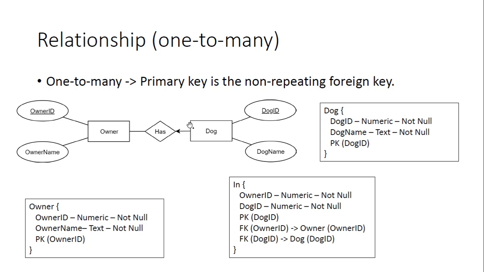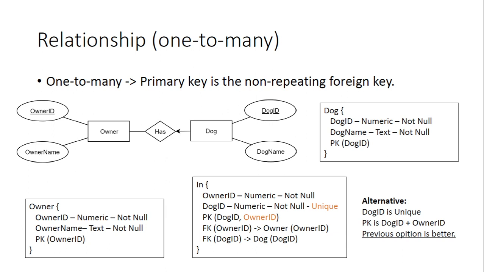So for this relationship, the dog ID has all unique values, it doesn't repeat, so therefore we assign dog ID as the primary key of this table, but we need to specify both foreign keys. So the foreign key concept is something different than how we assign the primary keys in a relationship.